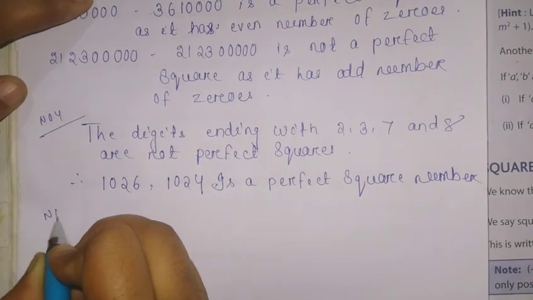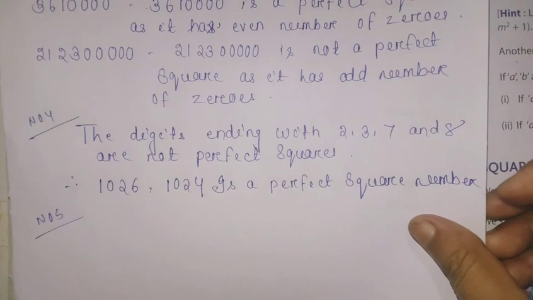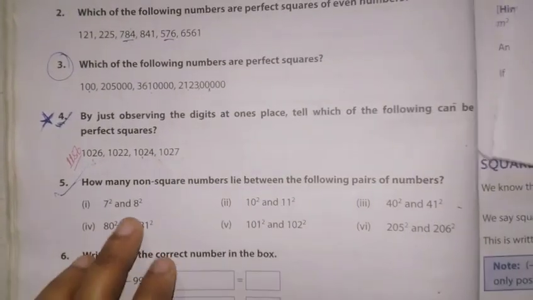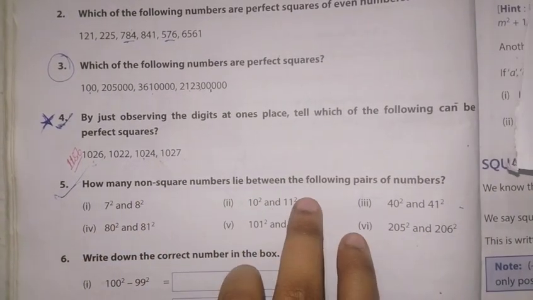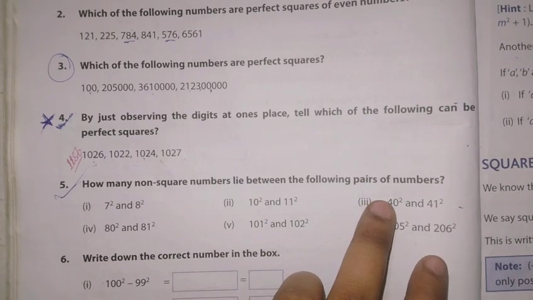Now solve question number 5. How many non-square numbers lie between the following pairs of numbers?